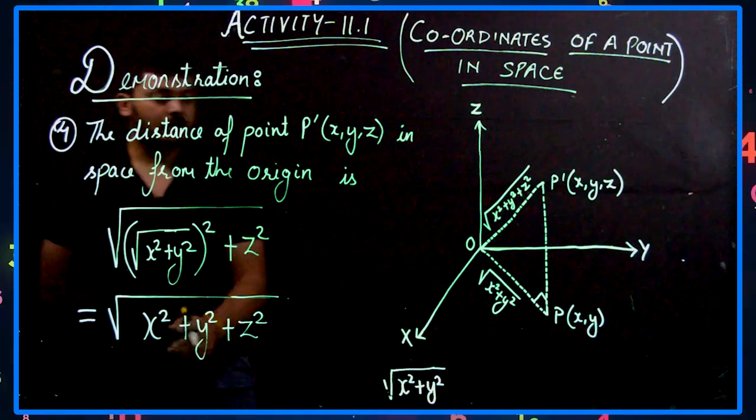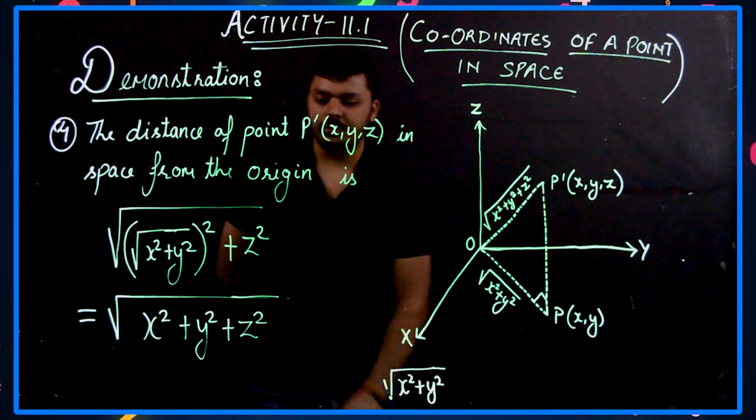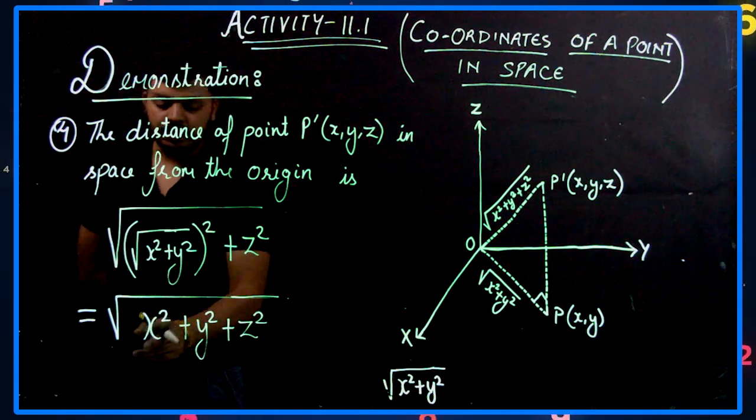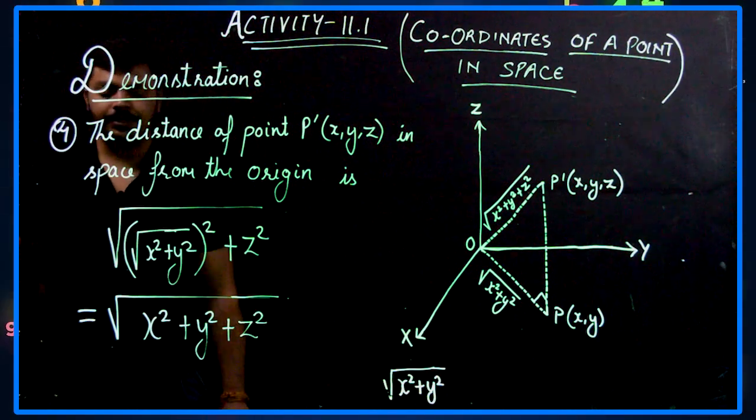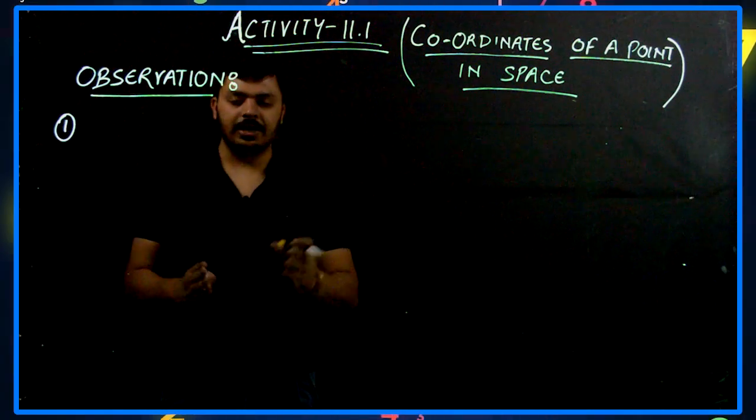So this is the formula for the distance of point P dash in space from the origin. Now let's see the observation for the given activity.